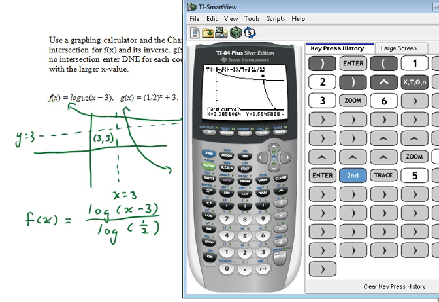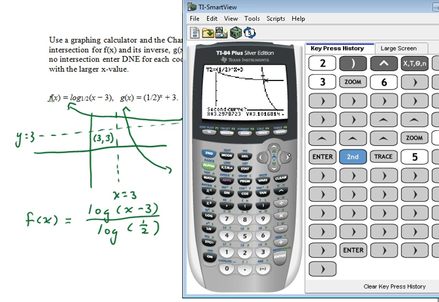Now I'm going to hit enter, and now I see the second function, and I'm going to go a little bit to the right of the intersection point. I could go to the left and hit enter. Now it's asking me for a guess of the intersection point. I'm going to let the calculator do that work.